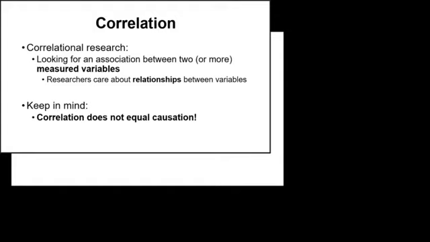So we had made that distinction between descriptive research and correlational research, where correlational research stems from descriptive research, but not all descriptive research is necessarily correlational, because correlational is when we're specifically looking to compare between two or more variables. So in correlational research, we have two or more measured variables, and we care about the relationship that might exist between those variables.